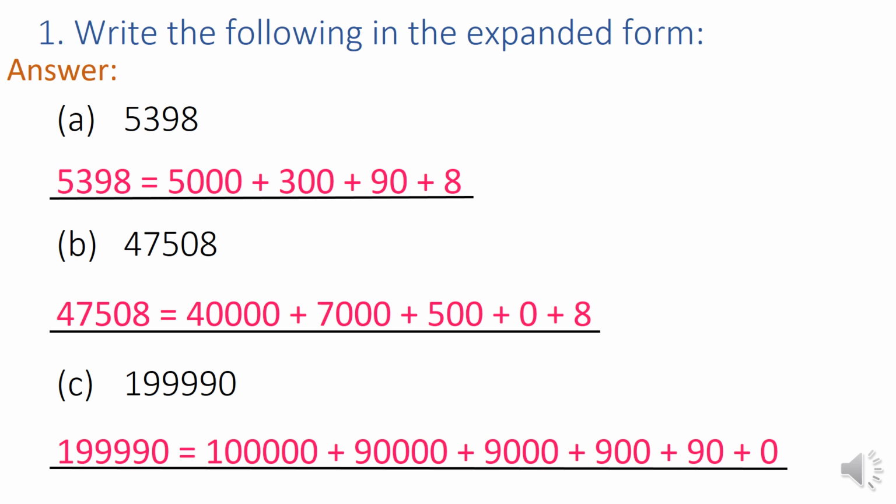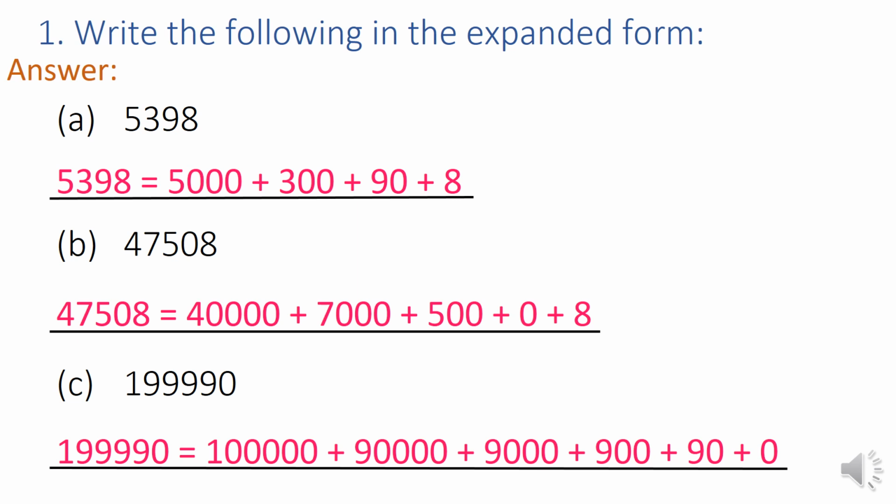So the expanded form of 47,508 is 47,508 equal to 40,000 plus 7,000 plus 500 plus 0 plus 8.